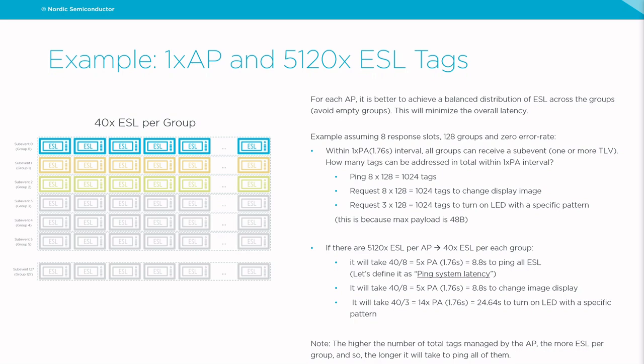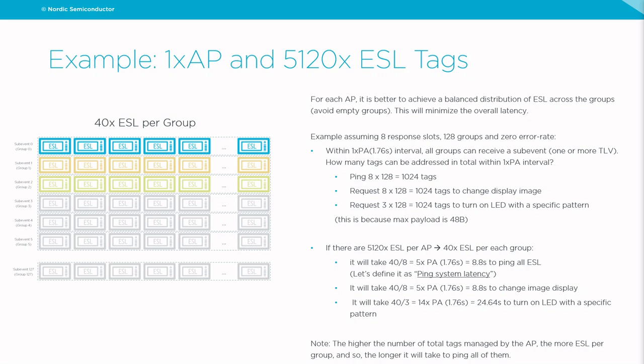If we have more tags than the number of groups times the number of response slots, so if we have more than, for example, 1024 tags in our system, the more tags we add, the longer it takes to address all of them, because in one PA interval we can only address 1024 tags.